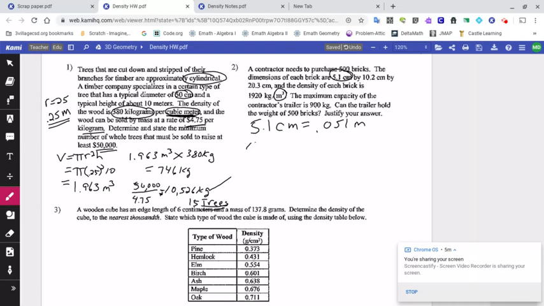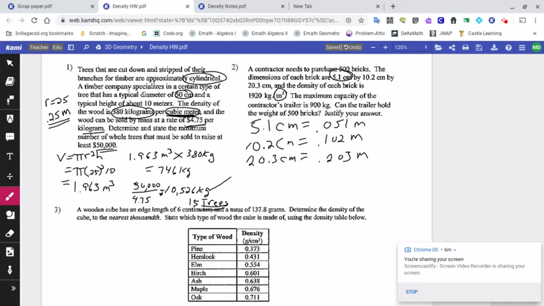10.2 centimeters equals 0.102 meters. And 20.3 centimeters equals 0.203 meters. So they're rectangular prism bricks.